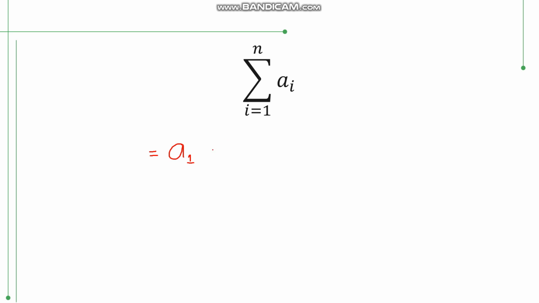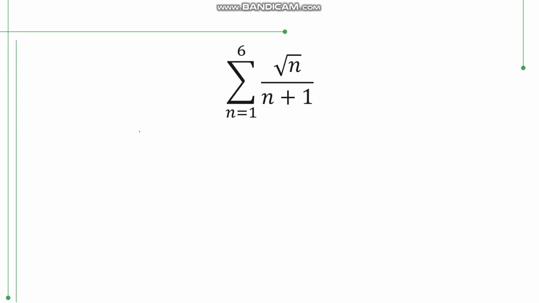We will still start with 1: a sub 1 plus a sub 2 plus a sub 3 plus a sub 4. Since the upper bound is n, that means this continues up to a sub n. So this is how we expand: a sub 1 plus a sub 2 plus a sub 3 plus a sub 4 up to a sub n, because again, there's no specific upper bound given to us.